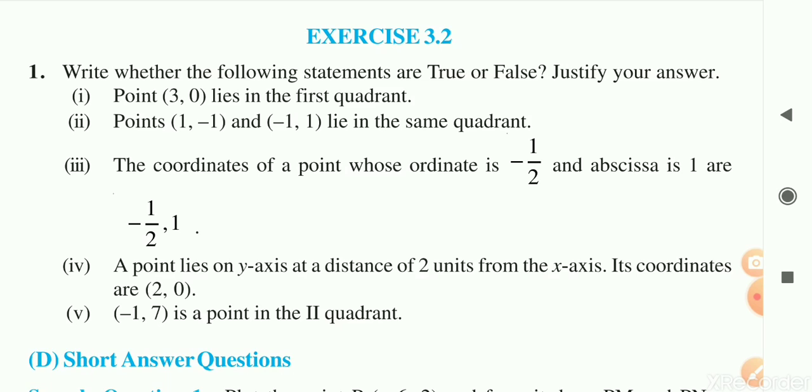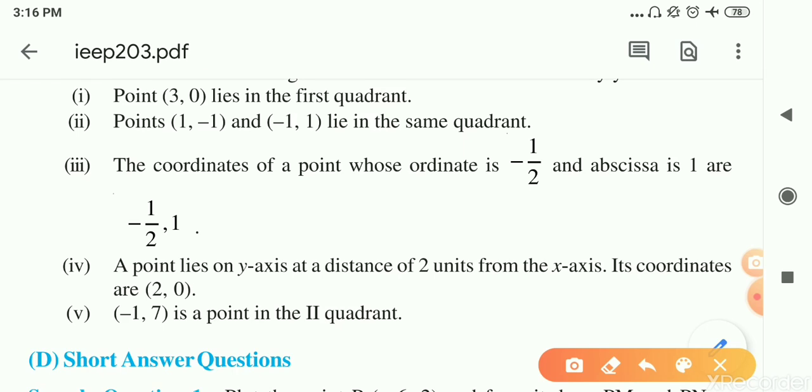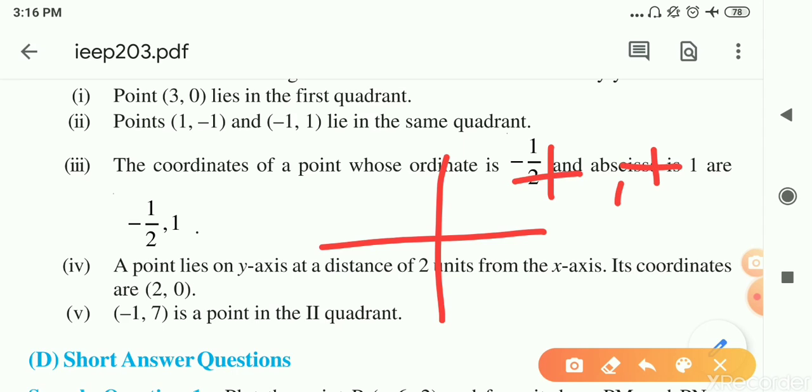Dear students, if you remember, I told you that there are four quadrants. The sign of the first quadrant is plus plus, the second quadrant is minus plus, the third quadrant is minus minus, and the fourth quadrant is plus minus.